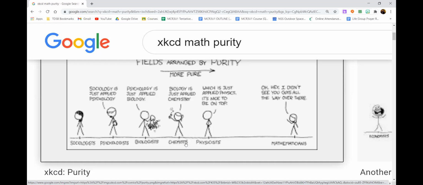And then the physicist says chemistry is just applied physics. It's nice to be on top, which is true. If you don't even understand motion and interaction of physical atoms coming together, then there's no way we can understand chemistry. And then way at the end is a mathematician.